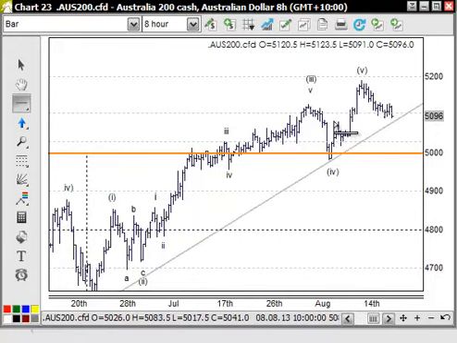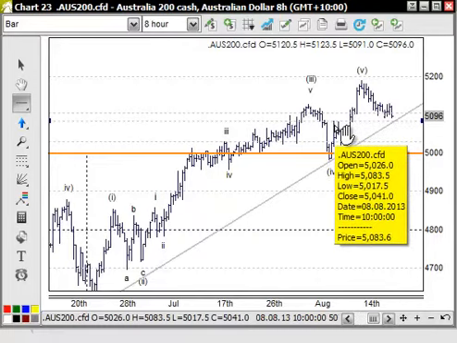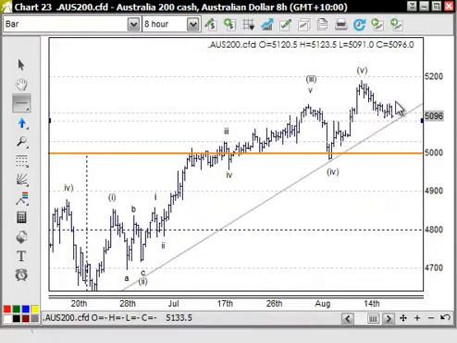But if the cash market takes this level out, which is the 580, if it moves cleanly through here, then we've got an overlapping wave structure in this section, so we won't be seeing that 5th wave up through here.